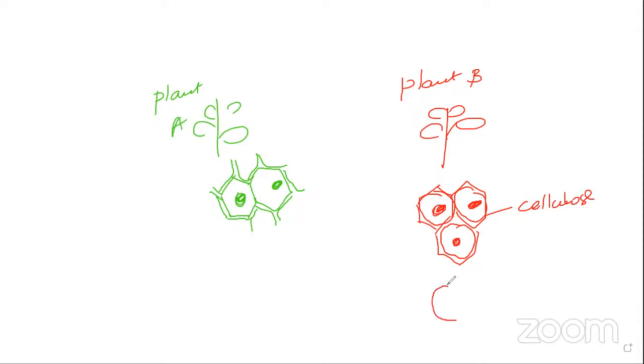I have to isolate the naked one. Naked one means we are taking only the protoplasm. How is it taken? After the digestion of the cellulose, with the help of the enzyme called cellulase.